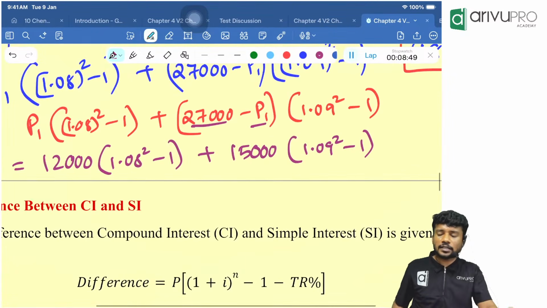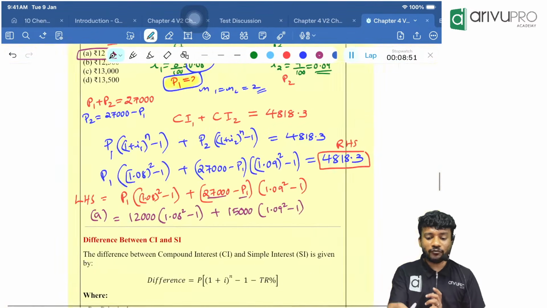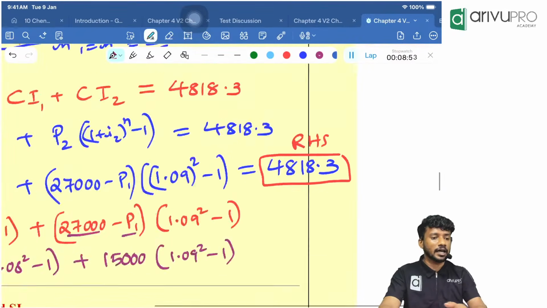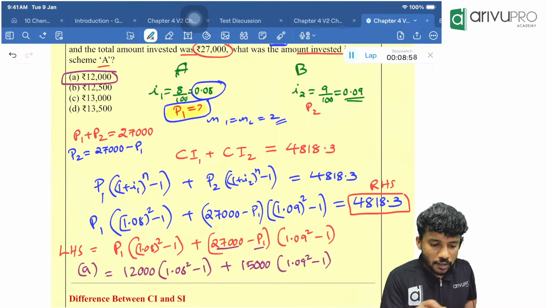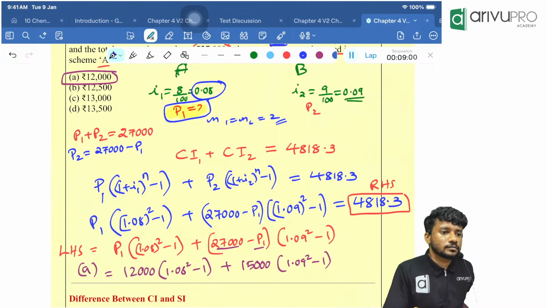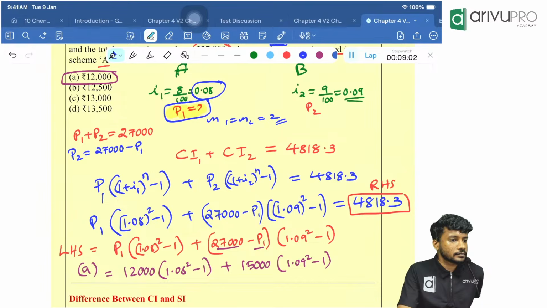Take your calculator, use memory calculation. Once you click MRC, if you are getting RHS, our assumption is correct. Everyone try.